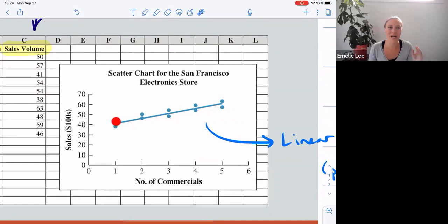So here, although I have dots, and something like Excel would let me connect the dots with lines, we don't want them there. They're not going to do anything, and they would just make a mess because we're not actually looking at the trends between the number of commercials, because there's no time component. So when there's a time component, you can add those lines, otherwise they're not really relevant.